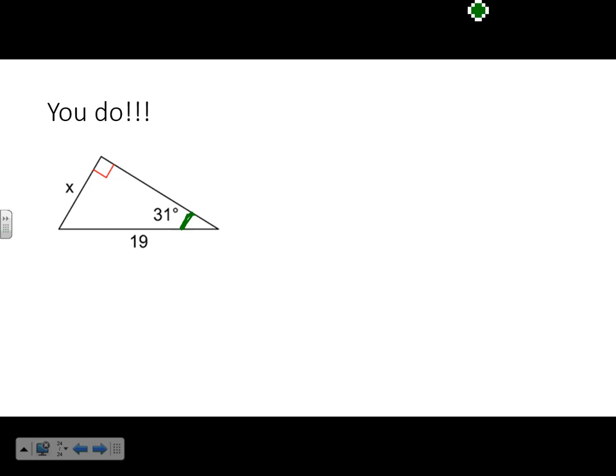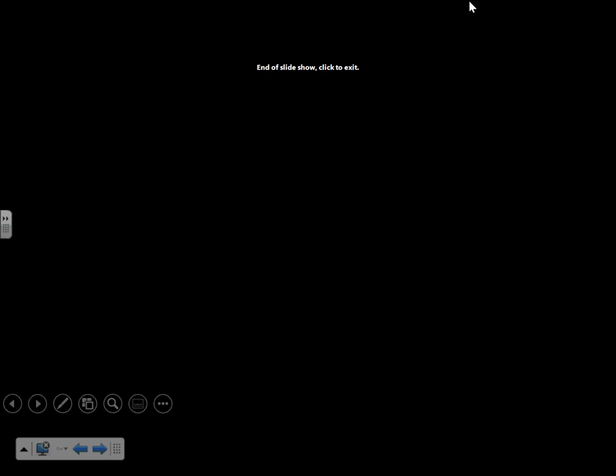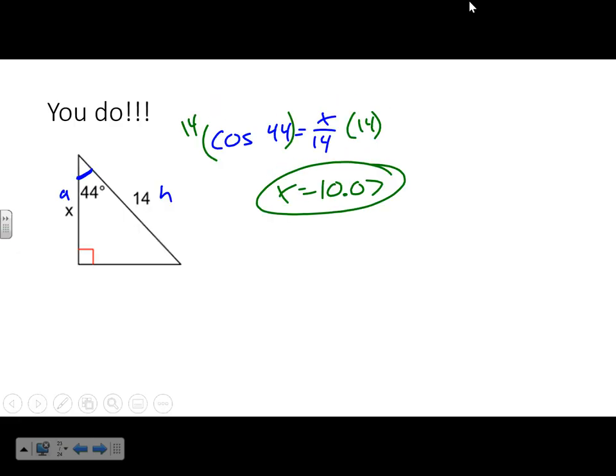We have the opposite and the hypotenuse, so that's sine, so SOH, so sine 31 is equal to opposite over hypotenuse, so x over, our hypotenuse is 19. Multiply both sides by 19. X is equal to 9.5. Didn't give you any with x in the denominator. Should have done that. That's okay.